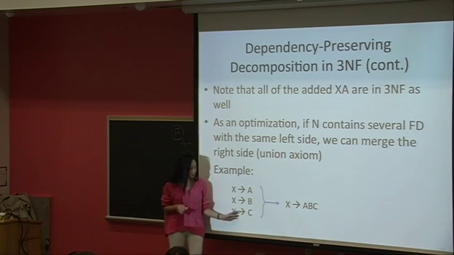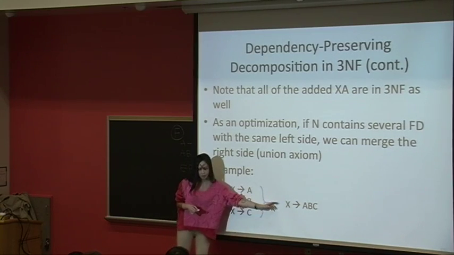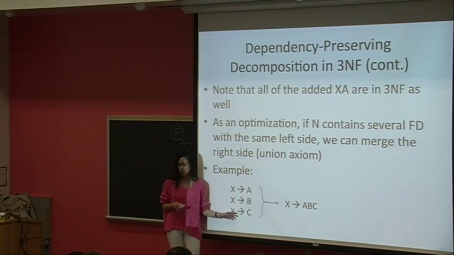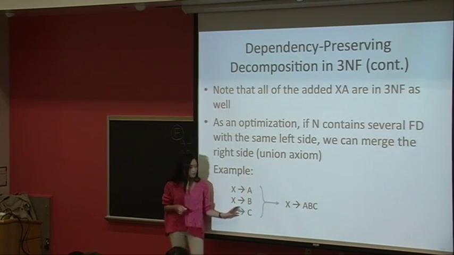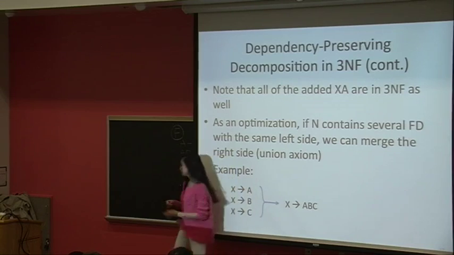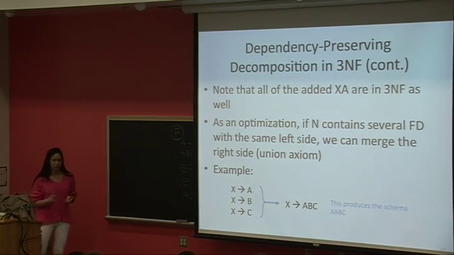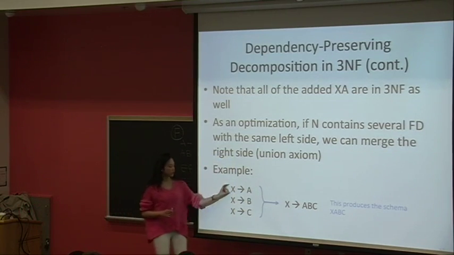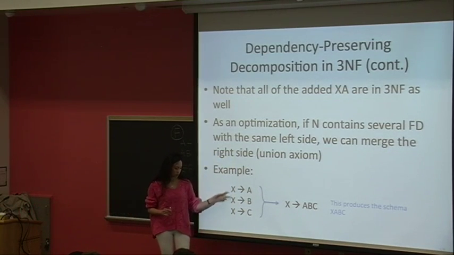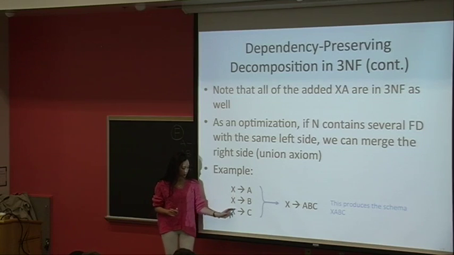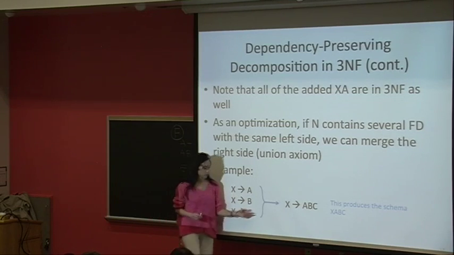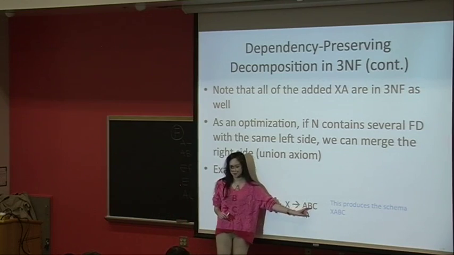What you can do is just combine them all together, because of the union axiom we learned before, and you create just one table for that. So you don't have to create three separate relations or tables of XA, XB, and XC. Instead, you just create a whole table that's XABC.